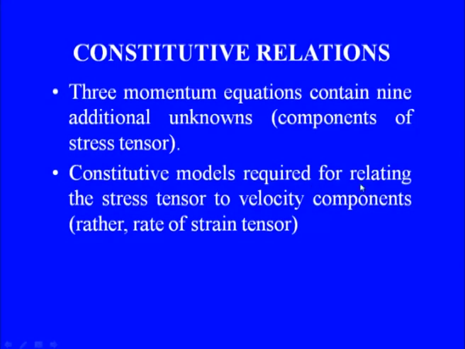So we need to use what we call constitutive models for relating the stress tensor to the velocity components. In fact, we will try to relate this stress tensor to the rate of strain tensor. So a relationship between stress tensor and rate of strain tensor is what we would call a constitutive relation.